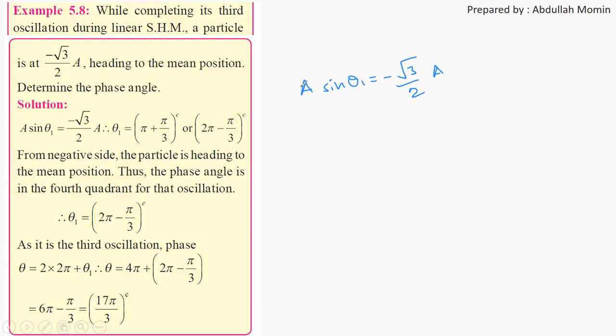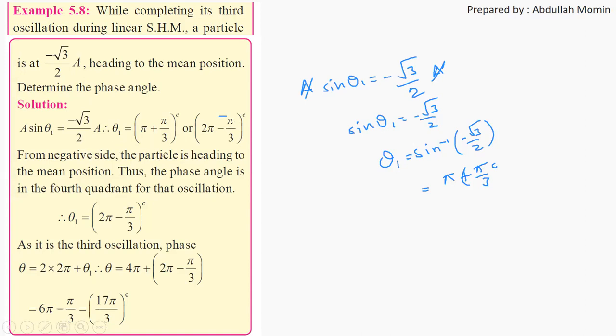So we can write, A and A get cancelled, and we get sine theta 1 as minus root 3 by 2. So we will get theta 1 as sine inverse of minus root 3 by 2, and that is nothing but pi plus pi by 3 radian, or 2 pi minus pi by 3 radian.